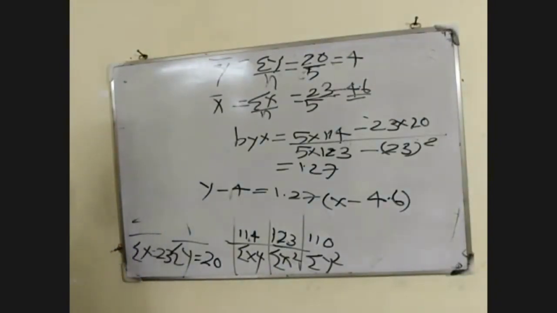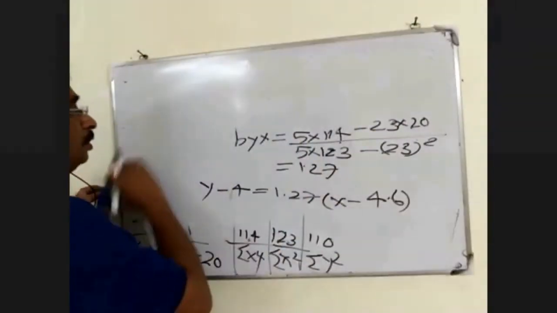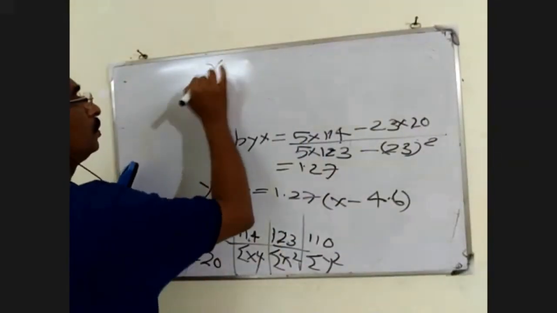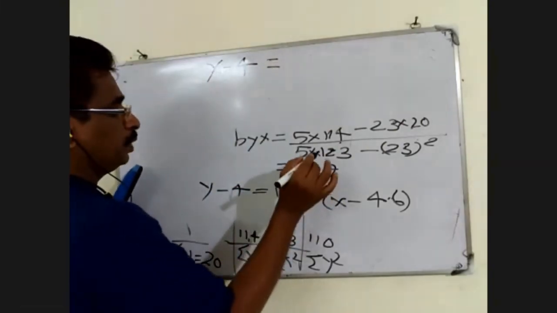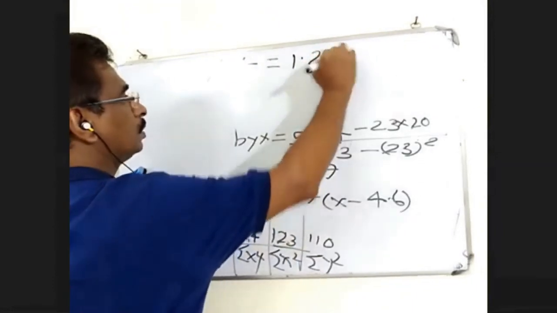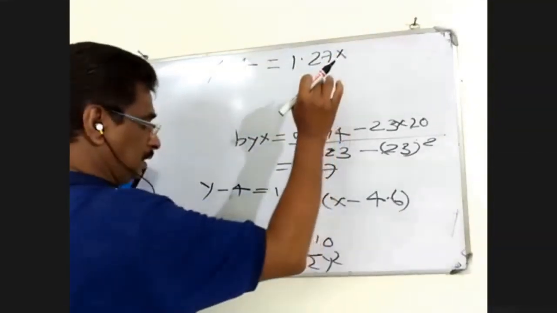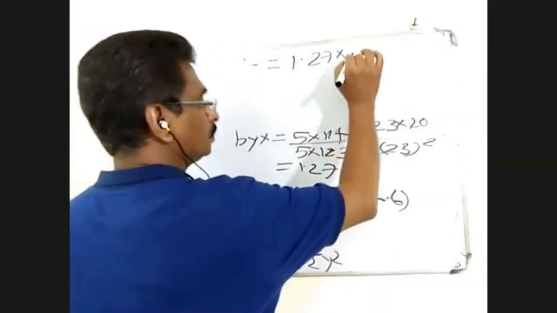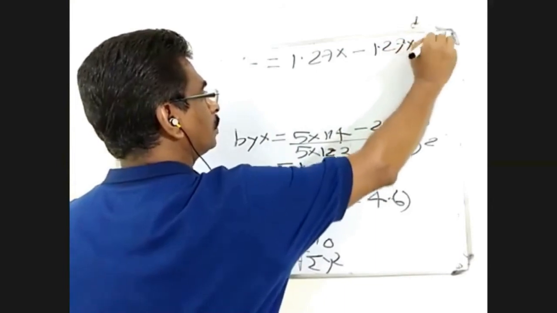Y minus 4 is equal to 1.27 into x minus 1.27 into 4.6.